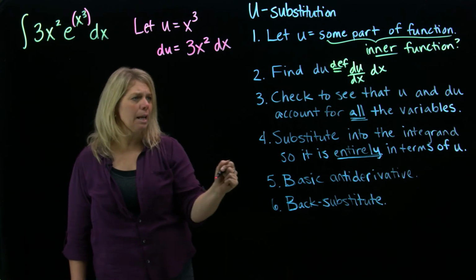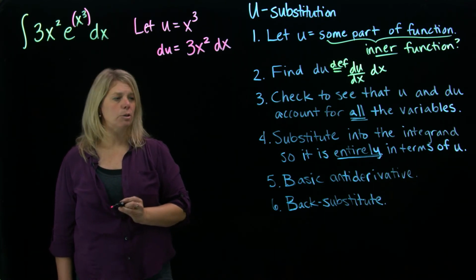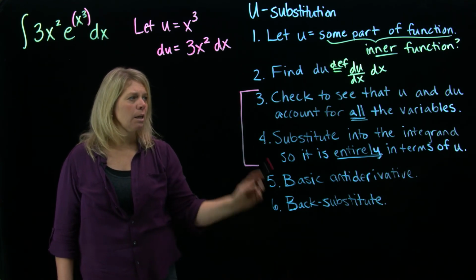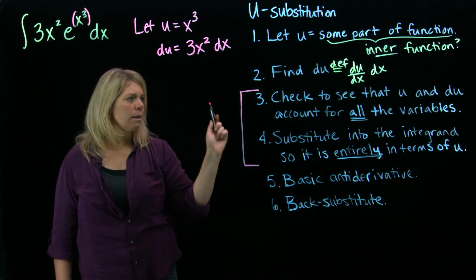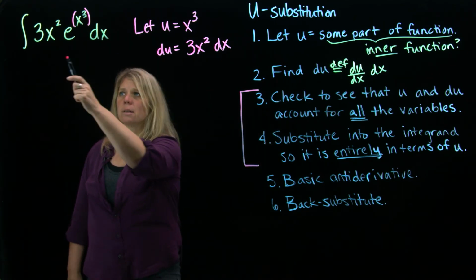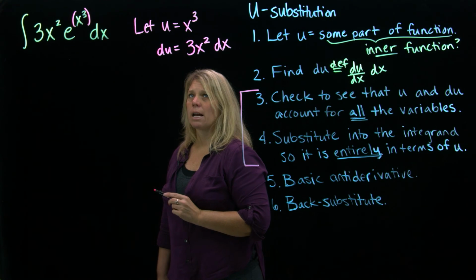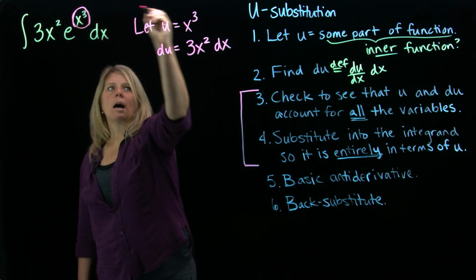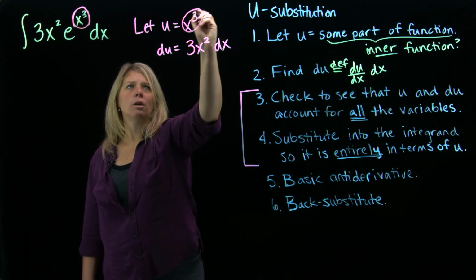The key to making sure that you're doing U-substitution correctly is these middle two steps that I've listed out here. Check to see that your u and your du account for all the variables in the expression that you're trying to integrate. So I have an x cubed here, and that's accounted for by my u.